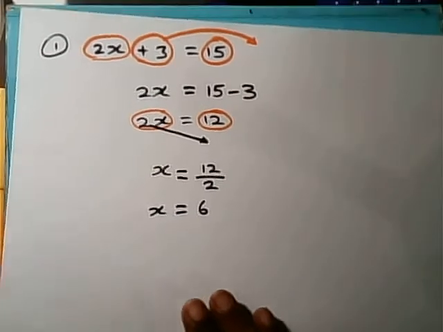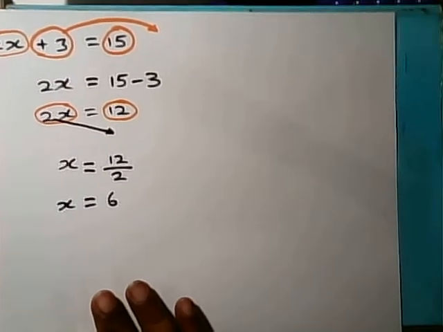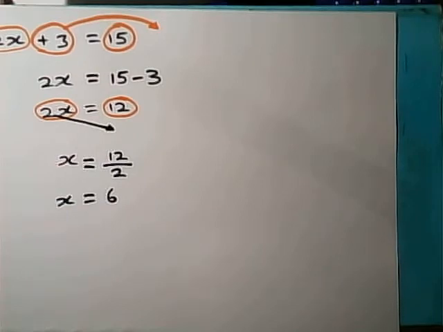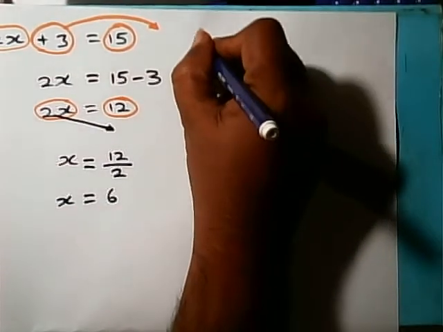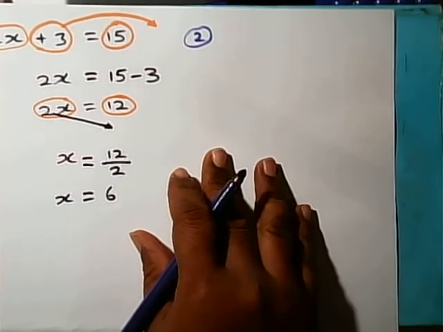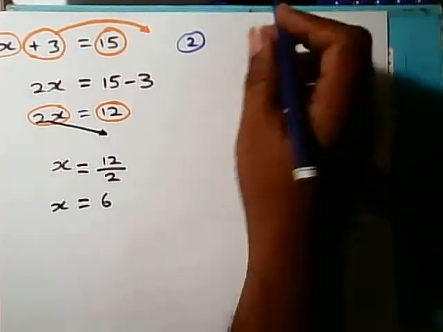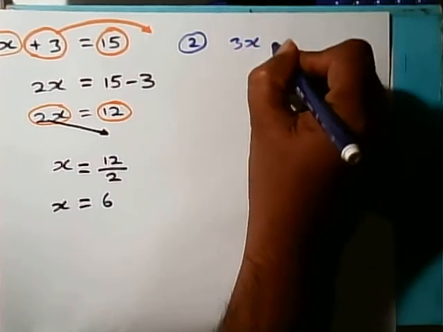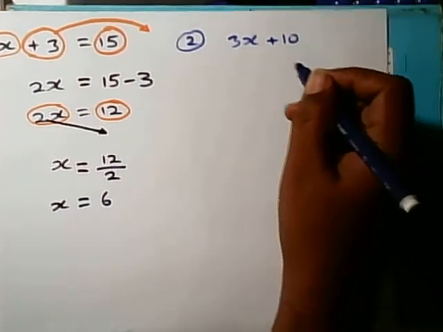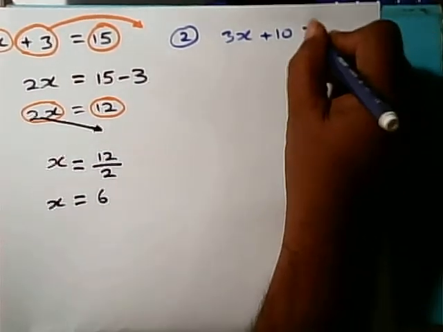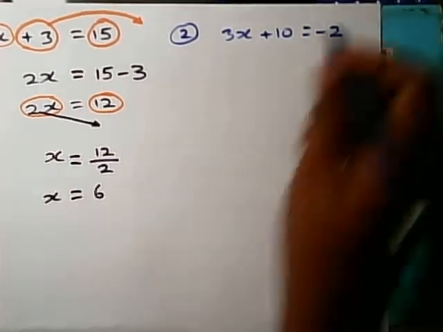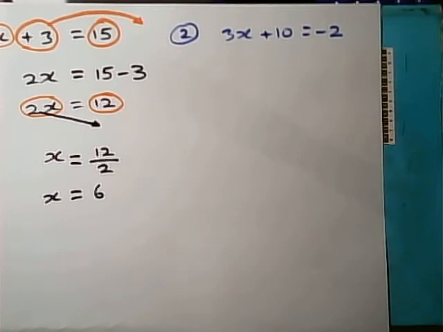Let's look at question 2 now. We have 3x plus 10 is equal to minus 2. Time to circle terms.